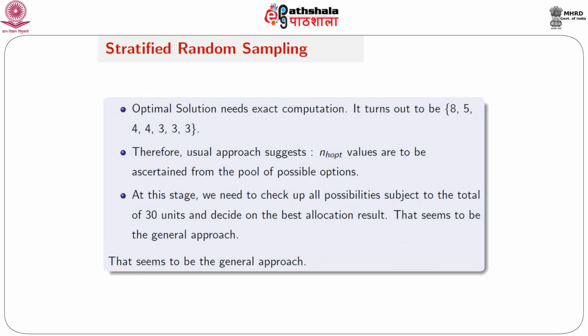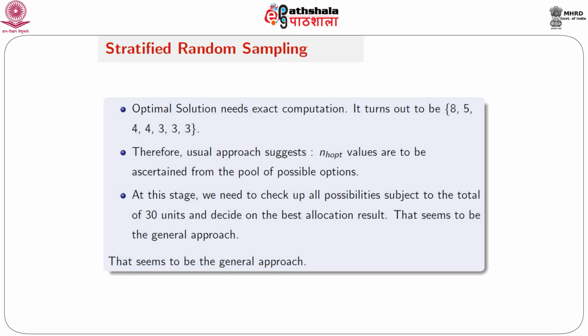However, the optimal solution needs exact computation. So what is normally done is you look at all the 4 options, depending on which one you are approximating, giving a total of 30, you write down the actual expression for V strat under each of these options, and then you compute the minimum variance, and thereby you come up with the result.